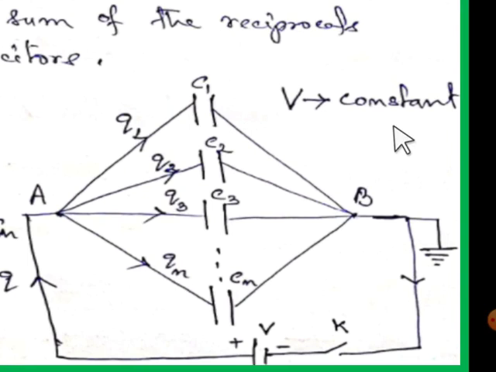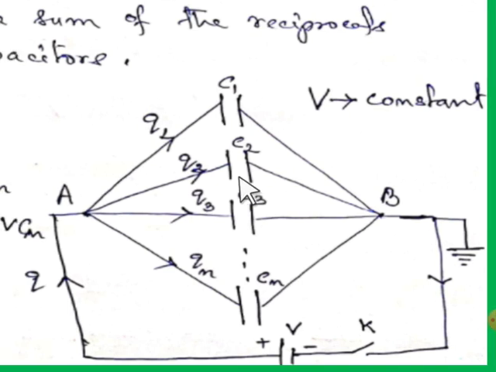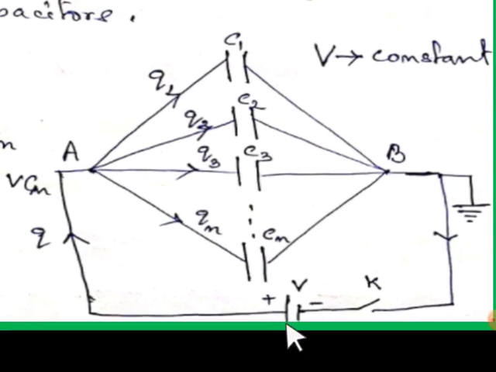That is the peculiar property of parallel combination, whether it may be for resistors or capacitors. So let's take it today as capacitors. The same potential difference across C1, C2, C3 up to Cn, and that potential will be equal to the potential difference across AB, these 2 points, which is the same potential difference across the source of EMF.